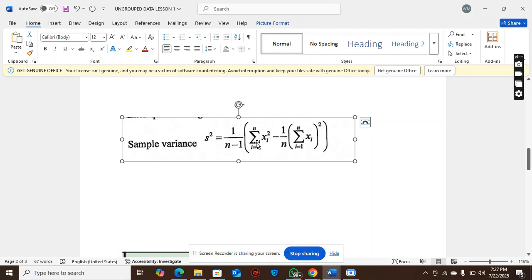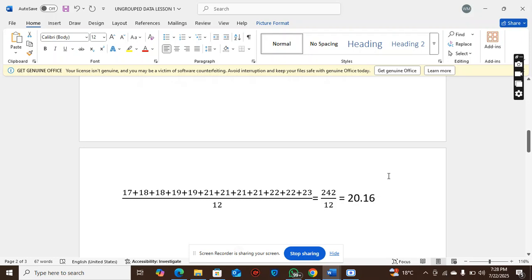This summation x squared just means you square your data values, then after you square them, you add them up. Minus 1 over n, the number of data values, open brackets, summation of x, this 242 we got here. We're going to square it.